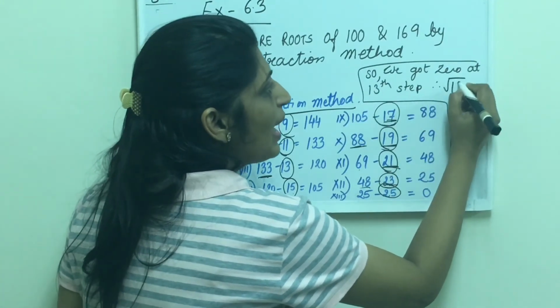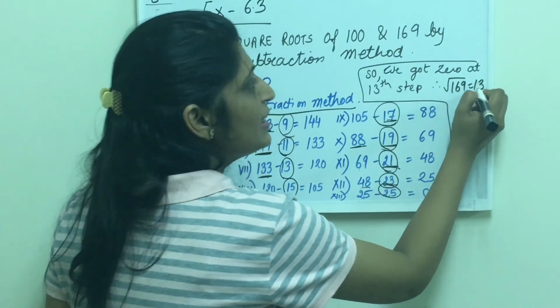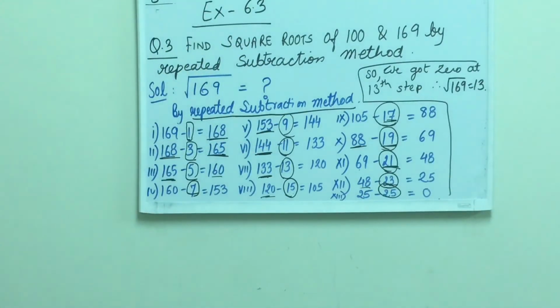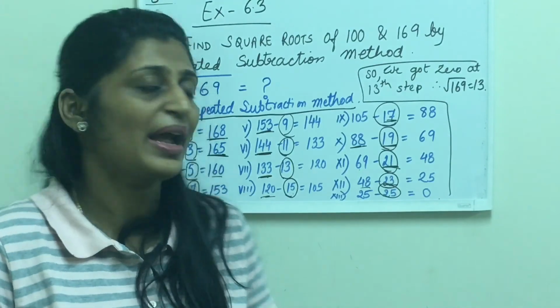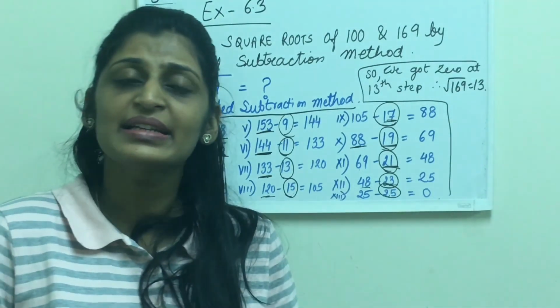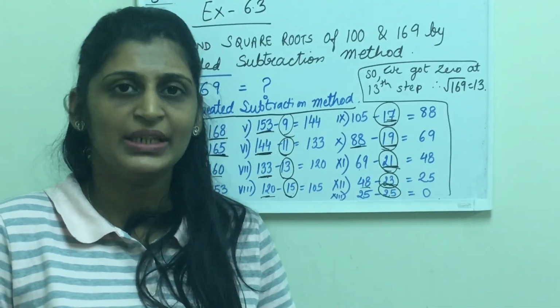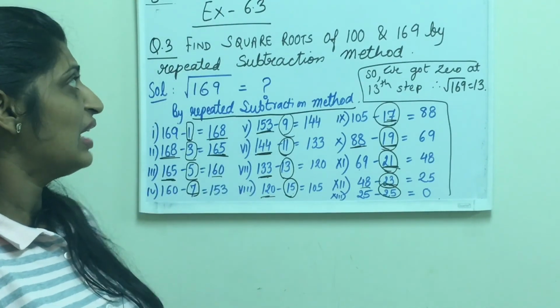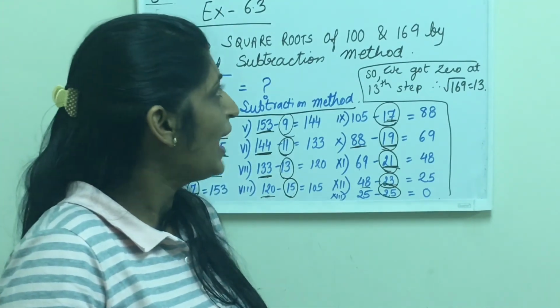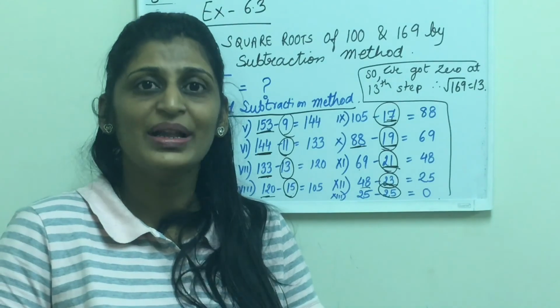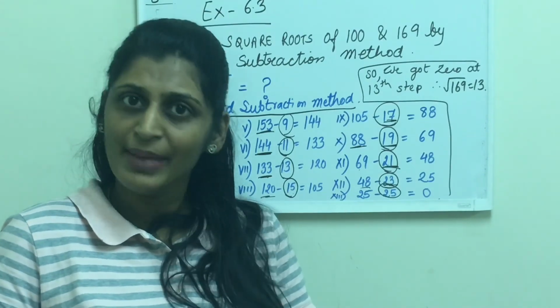Therefore, the square root of 169 is 13. And this was the solution to NCERT exercise 6.3 question number 3, which asked us to find the square root of 100 and 169 by repeated subtraction method.